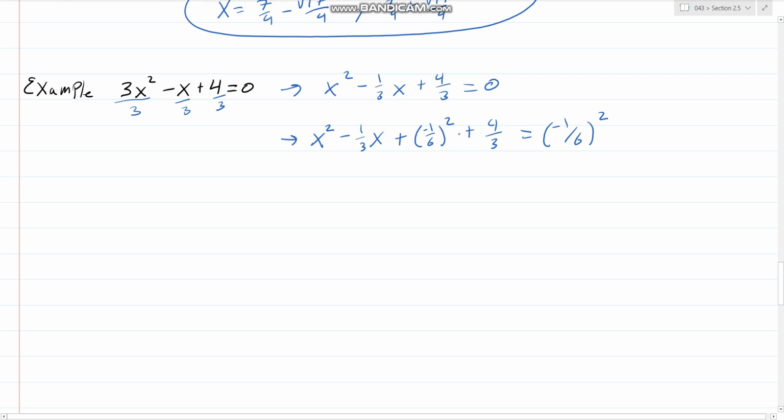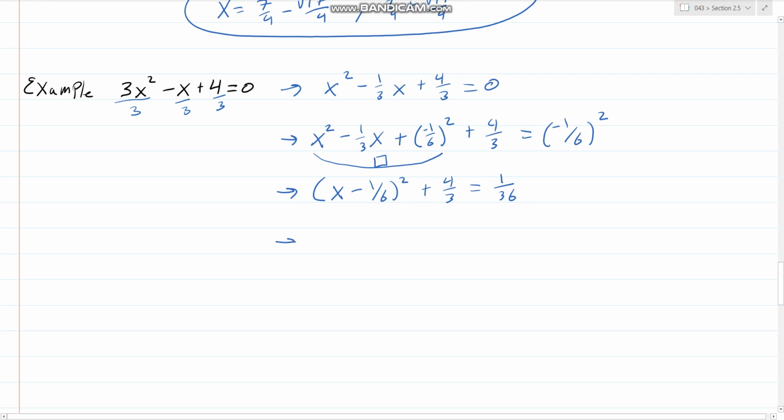Now this is a perfect square trinomial. And that's x minus 1/6 squared plus 4/3 equals, and then now we can square this, so that's 1/36.